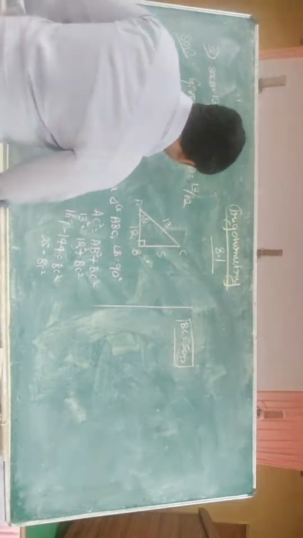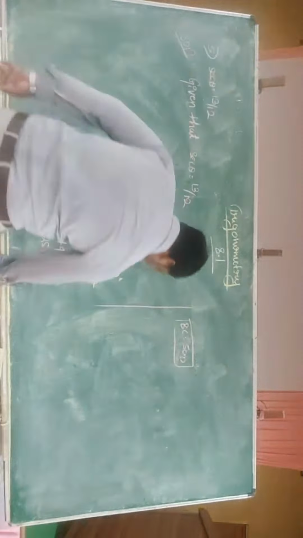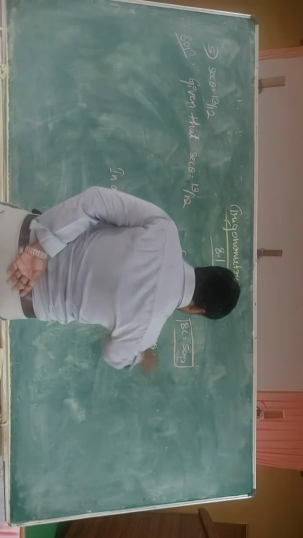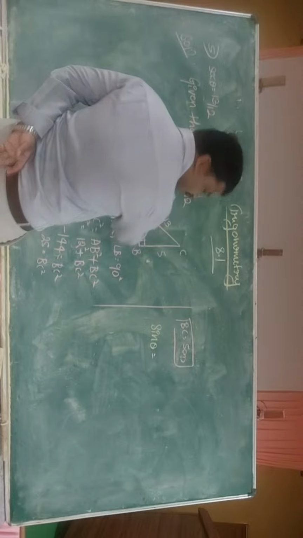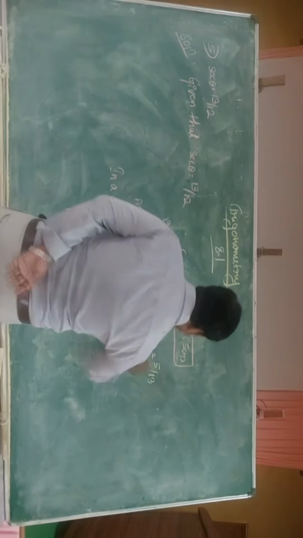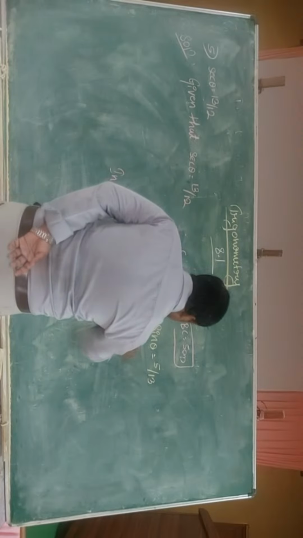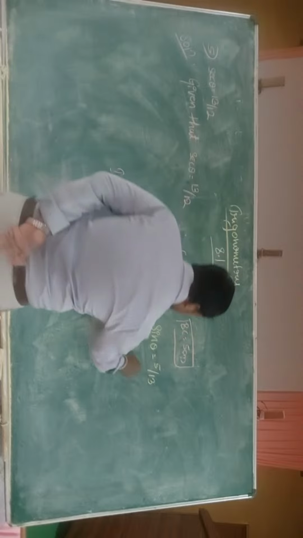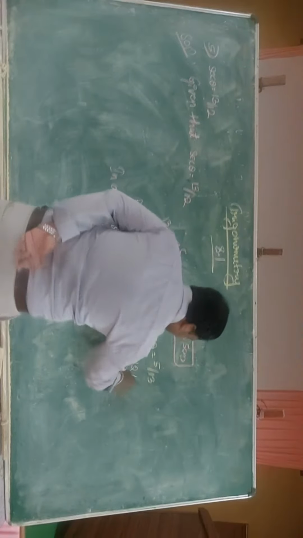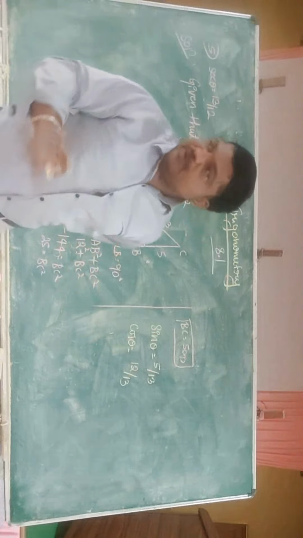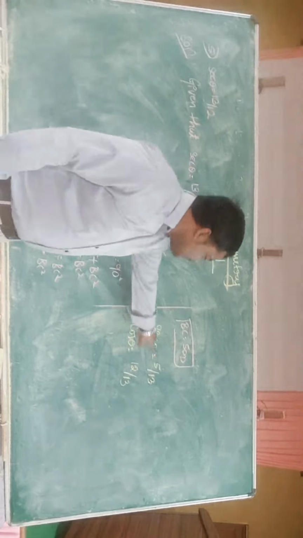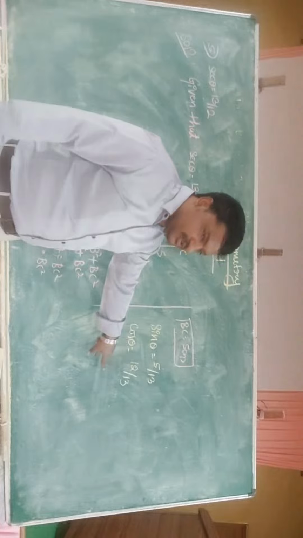Now you can write the other trigonometric functions. First one is sin theta. Sin theta is equal to opposite upon hypotenuse, 5 upon 13. And cos theta is adjacent upon hypotenuse, 12 upon 13. Only two functions are enough; with the help of two functions, we can write all the functions. Sin is 5 upon 13, cos is 12 upon 13.